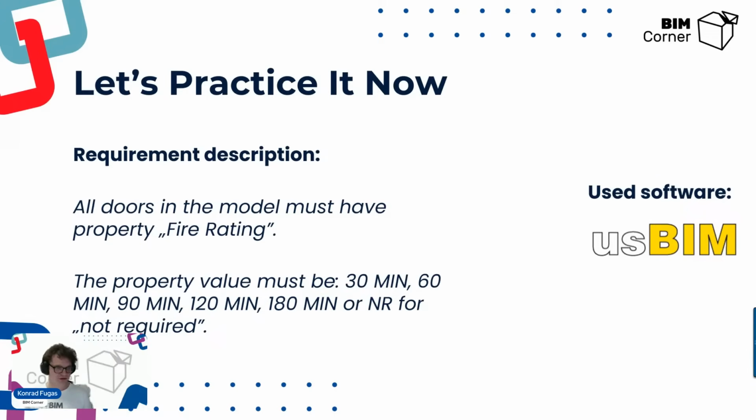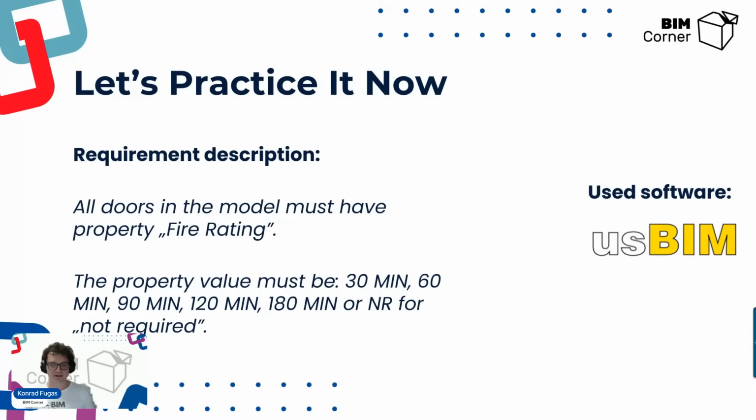There are multiple software available on the market that allows us to create an IDS. Today, I will use a free version of ASBIM to transform descriptive requirements into an IDS. And here on the screen, you see an example of requirements.